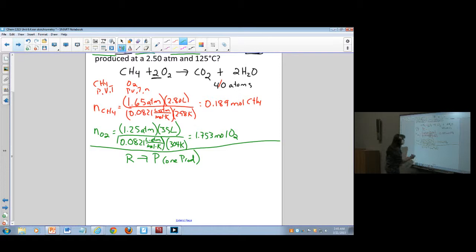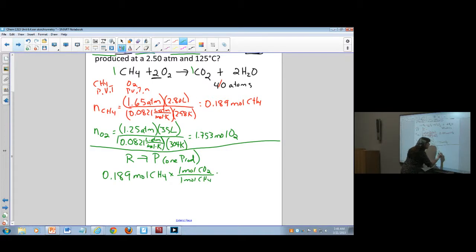In our reaction, we see there's 1 mole of methane for every 1 mole of carbon dioxide. And so our mole ratio, 0.189 moles CH4 times 1 mole of CO2 for every 1 mole of CH4, indicates that we have 0.189 moles of CO2 if this reacts completely.